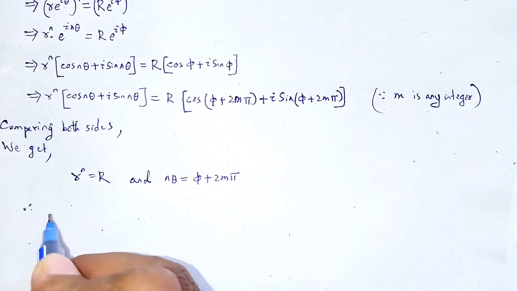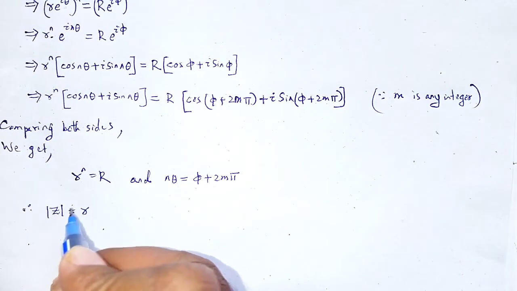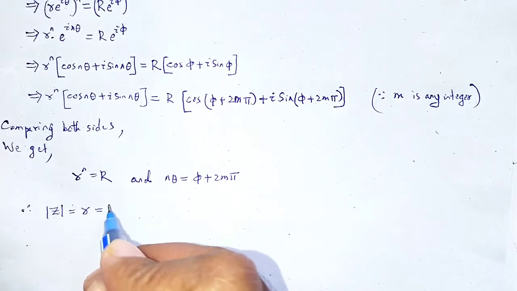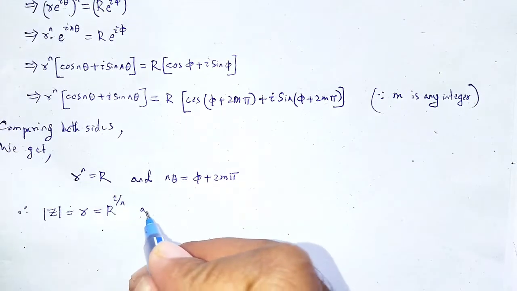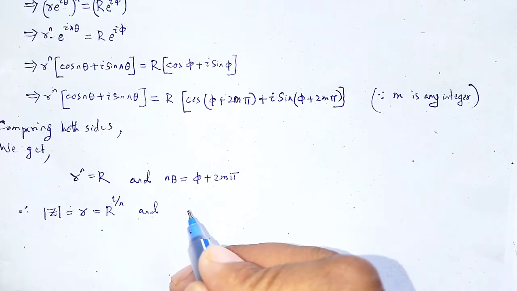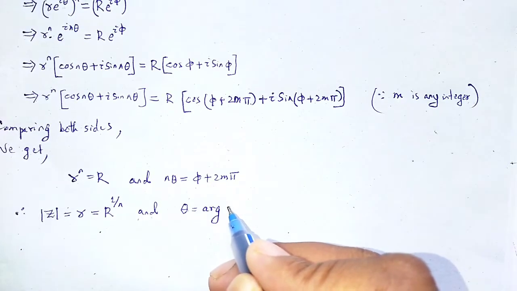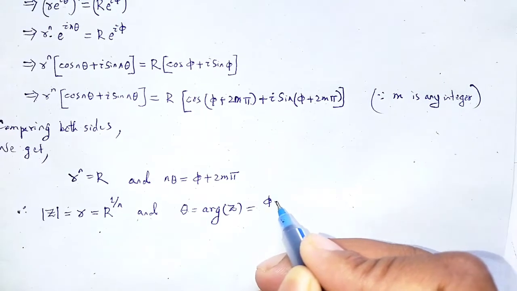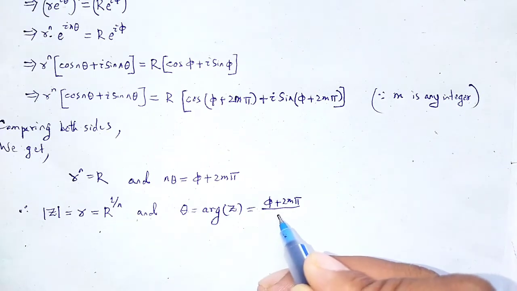Therefore we have the magnitude of z, small r, is equal to capital R to the power 1 by n, and here theta, which is known as the argument of that complex number z, argument of z, is equal to phi plus 2m pi divided by n.